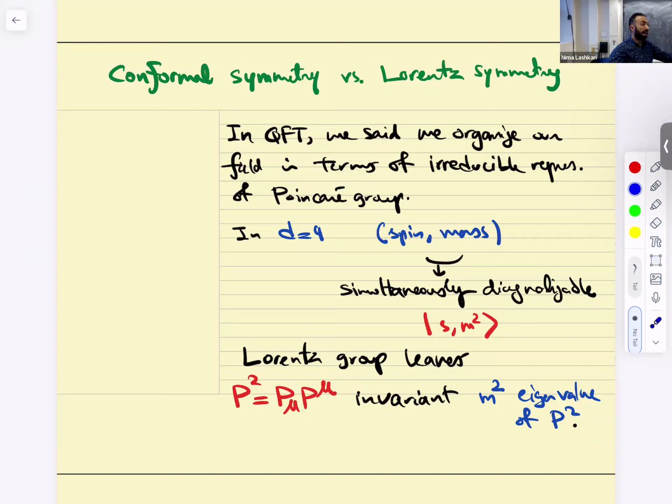So spin and mass. M squared was an eigenvalue of what operator? P squared. Awesome. What is spin an eigen operator of? Let's say your m squared is non-zero. Well, actually, I don't even need to say that. What's the spin an eigen operator of?